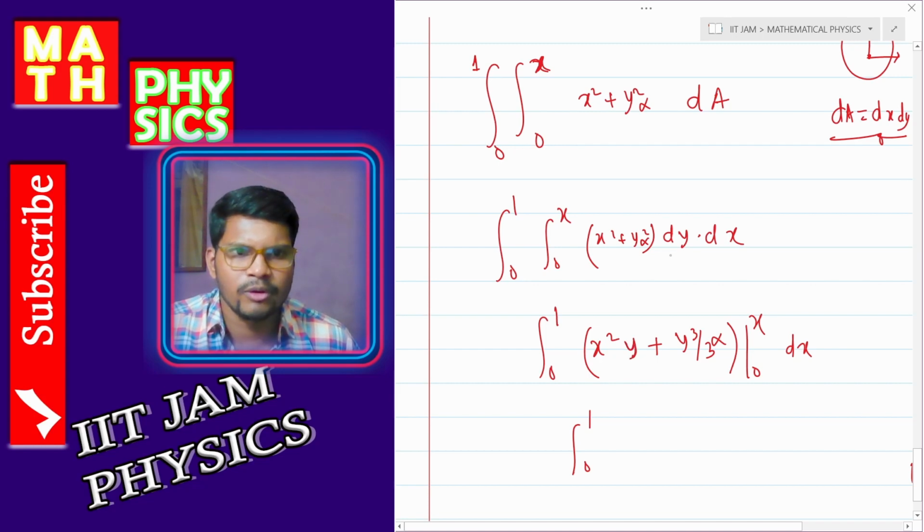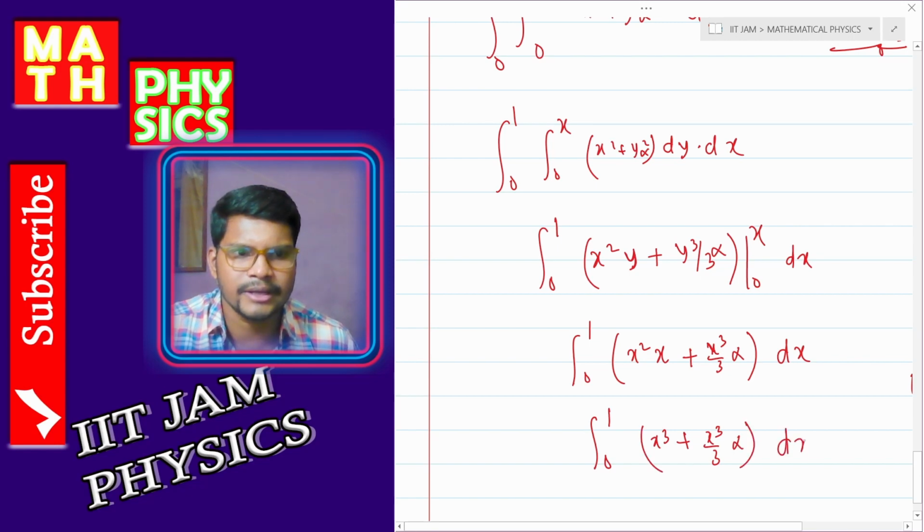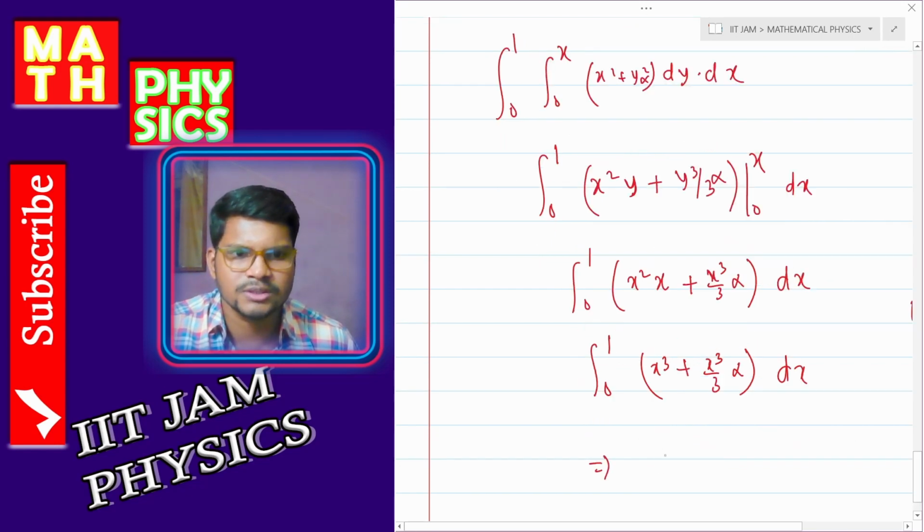Your variable was y, so whenever you put the limits, you have to replace this y. You are not supposed to replace this x. So what you get is x square times x, plus x cube over 3 times alpha, and if you put 0 then everything will become 0, therefore I don't care about it. So here you can see x cube plus x cube over 3 into alpha and then dx, and therefore everything is now set.